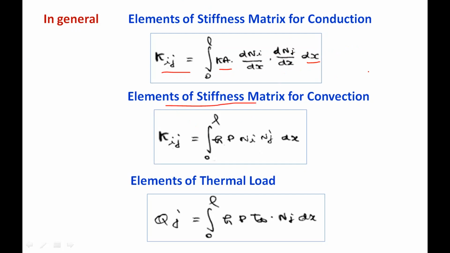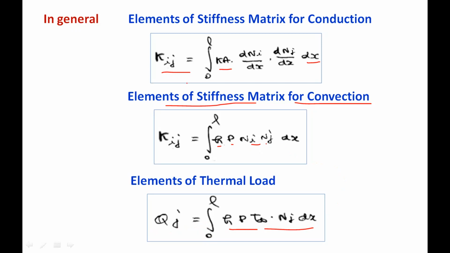Similarly, the elements of the stiffness matrix for convection: Kij is equal to integral 0 to L hp Ni Nj dx. For the elements of thermal load, we have Qj is equal to integral 0 to L hp T infinity Nj dx.